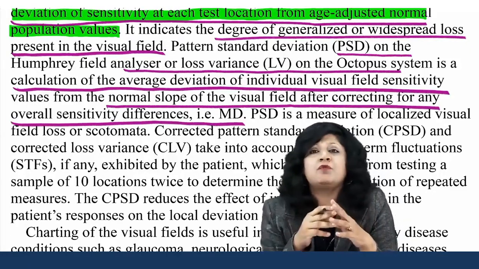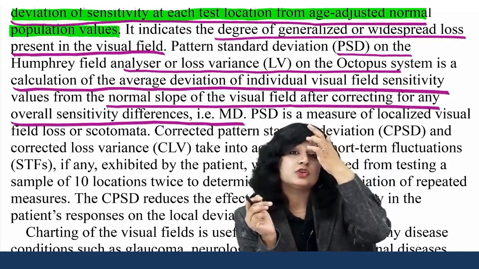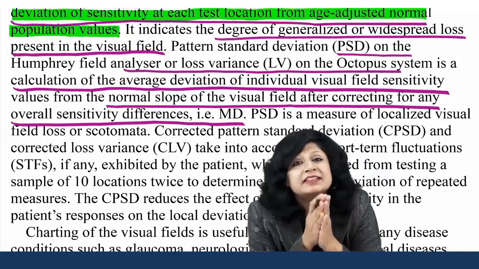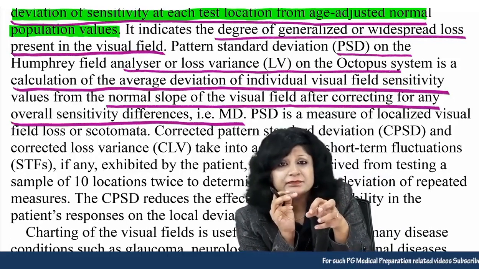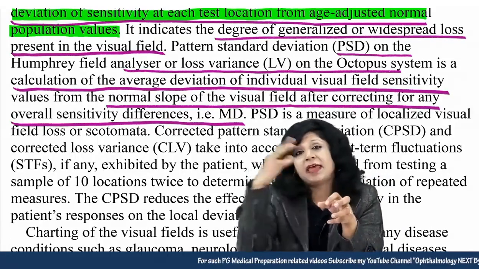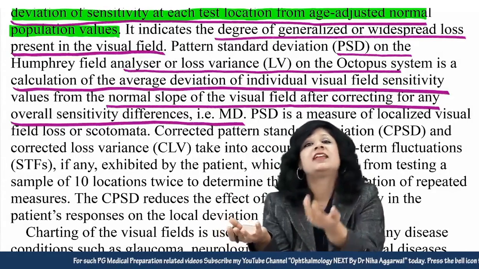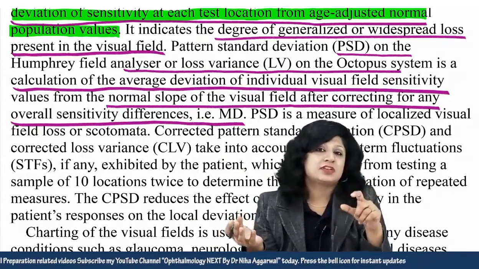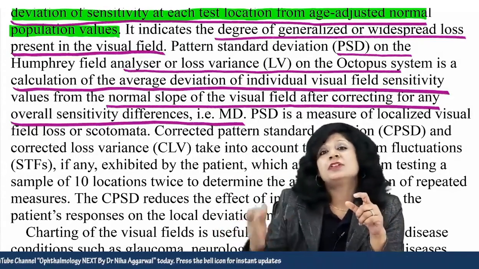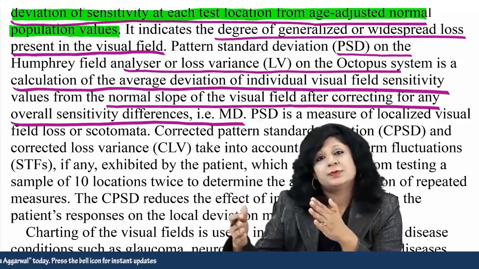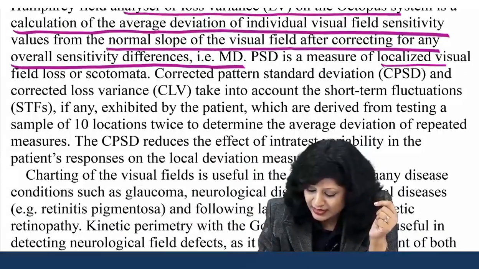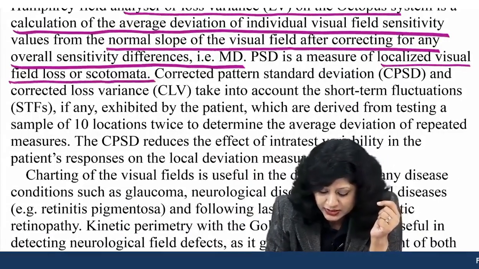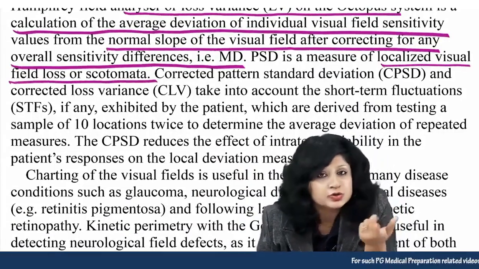So what it is doing, why it is called automated, is that on its own it is taking your patient's sensitivity testing points, comparing them with the age-matched controls, and giving you the average deviation from the normal and how much it is deviating, 5%, 2%, 3%, something like this. So this is a measure of localized visual field loss or scotoma.